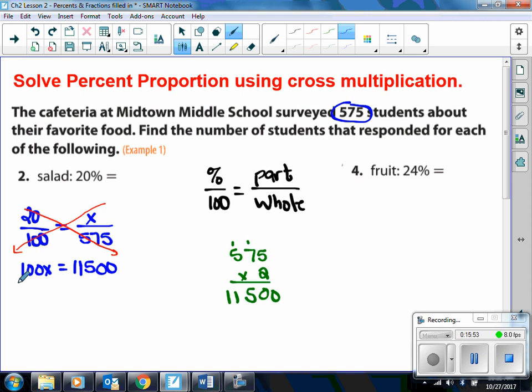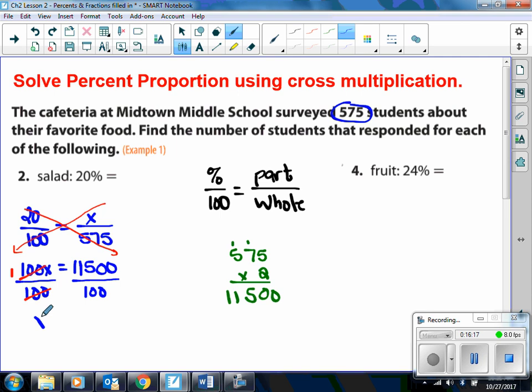Now, to get this x by itself, we are going to divide by the number that's in front of the x. So we're going to divide by 100. And if I divide by 100 on one side of the equal sign, I have to do the same thing on the other side. Keep the balance. So here, 100 over 100 is equal to 1.